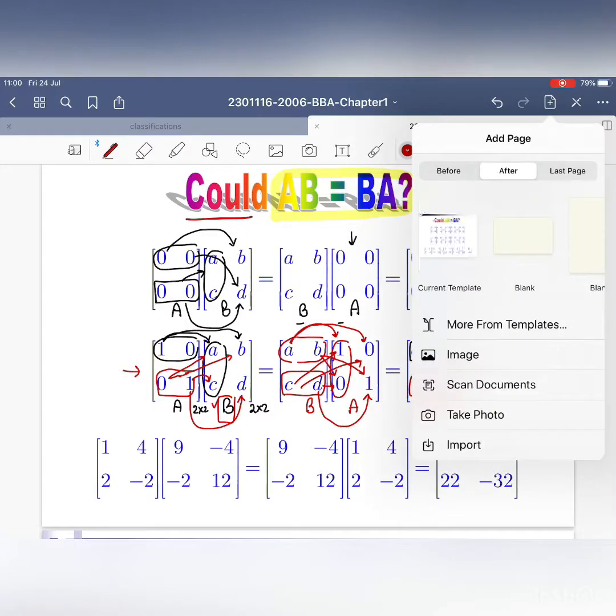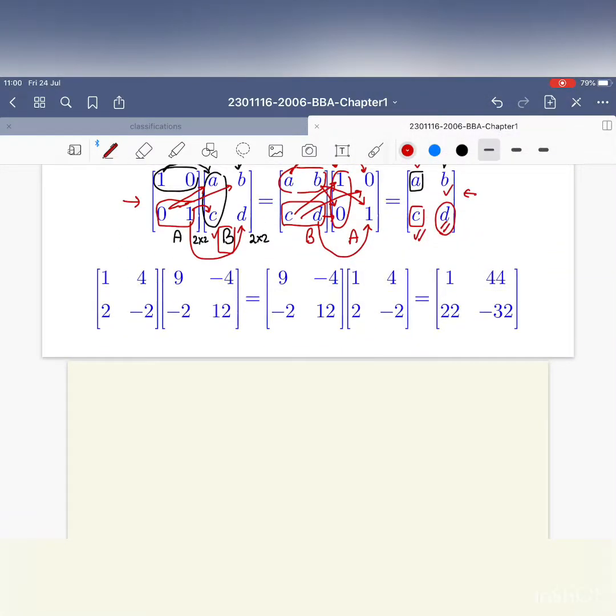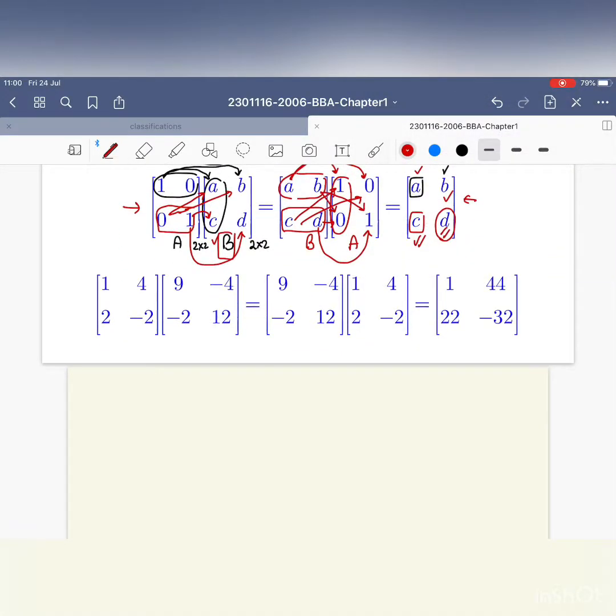This one is sometimes called the identity matrix, okay? And usually we refer to it as I_n, a capital I with subscript n.